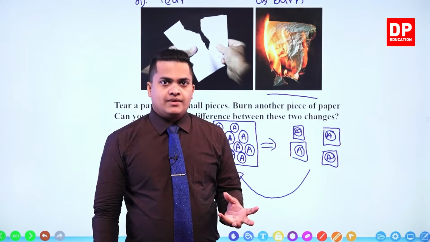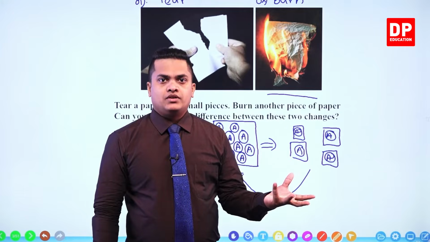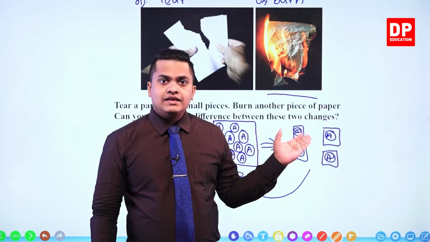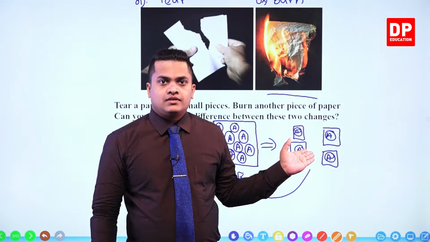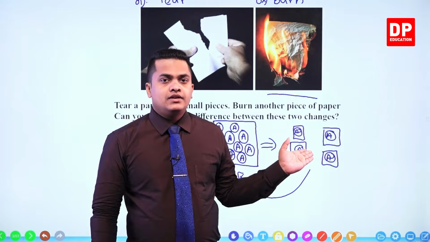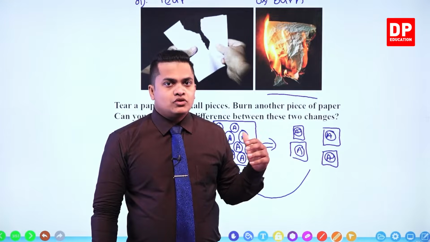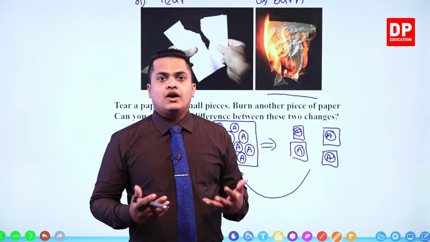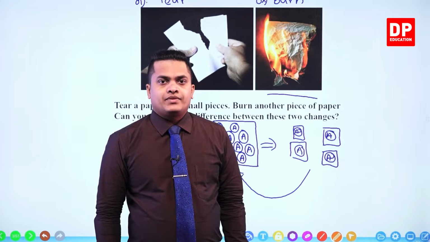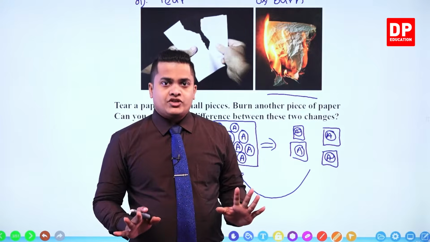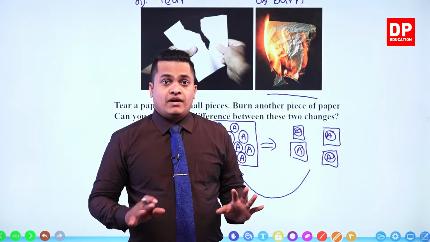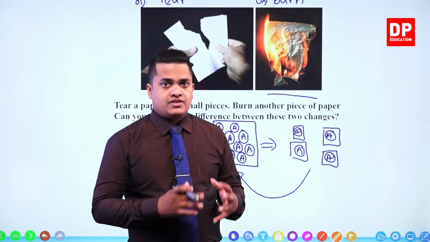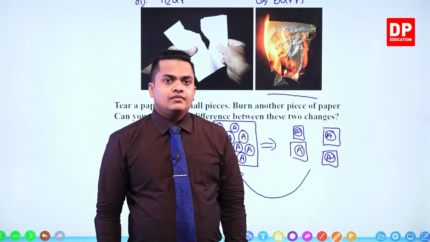When I burn the paper, smoke is coming out. Smoke is a type of gas. Earlier in the paper there were no gases, right? But when I burn it down, gases evolve. Earlier there was no ash. But when I burn it down, ash is created during the process, right?